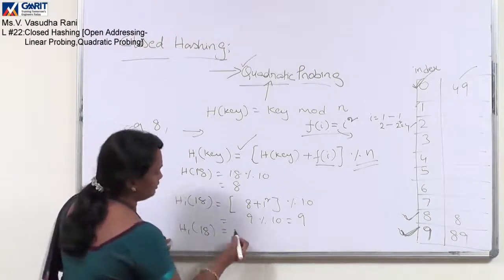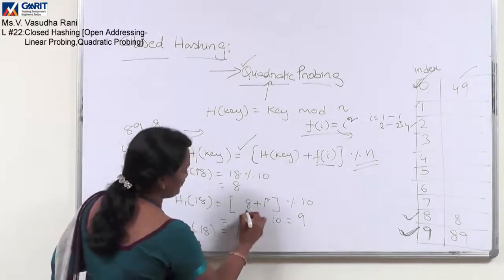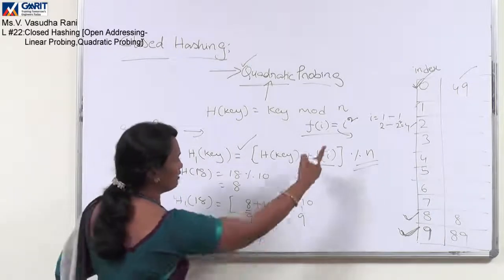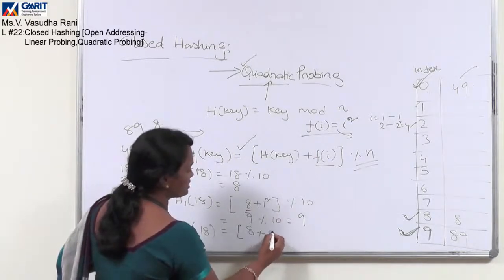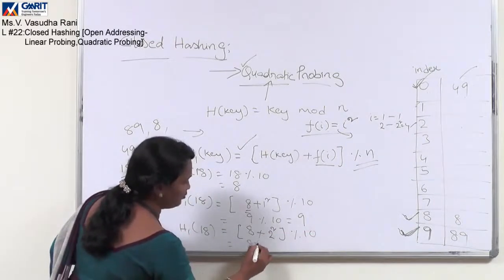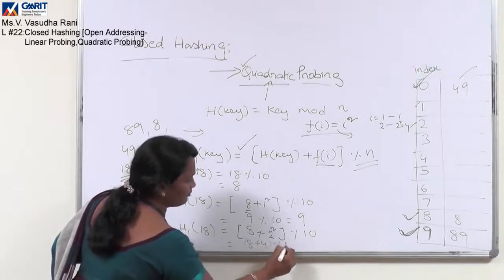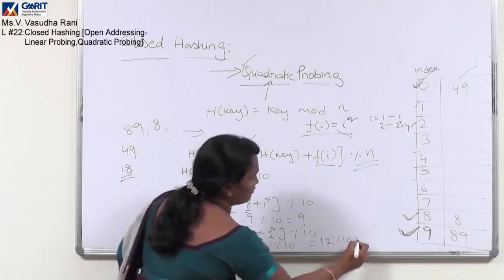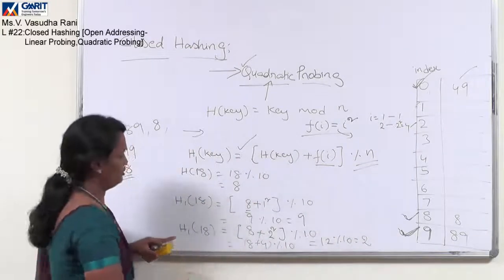The earlier hash function value 8 plus 1 square we have already tried. So we have to go for the next I value, which is 2 square mod 10. So this is 8 plus 4 mod 10, which is 12 mod 10, which is giving us 2.